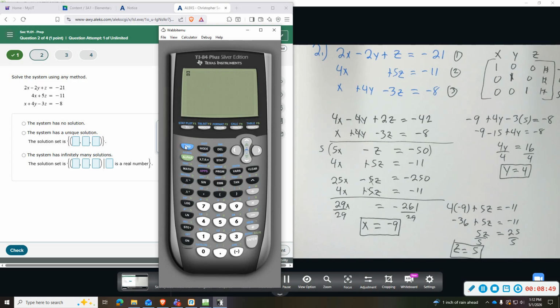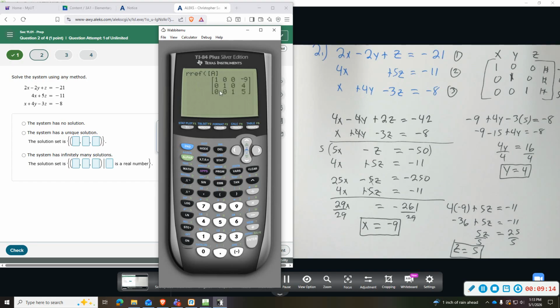You're going to go second matrix again. We're going to arrow to the middle, math. Arrow up gets there faster, RREF. You can arrow down, but going up gets you there faster. And then it wants to know which matrix you want to reduce, so you got to do second matrix one more time, and we'll hit enter on A, and then hit enter again.